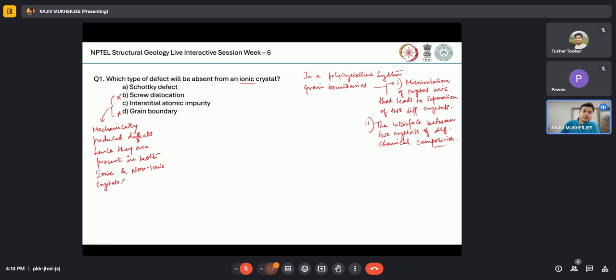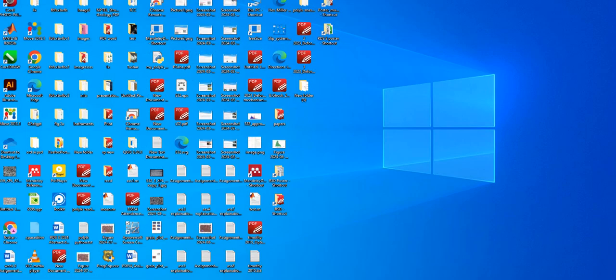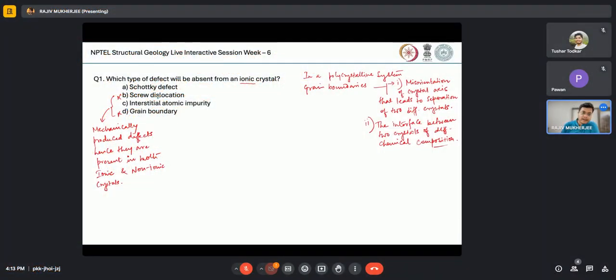So what could be the answer? So I told you that mechanical heterogeneity will not lead to any kind of differentiation between defects in ionic and non-ionic crystals. So the only thing that can take place is the point defects, right?